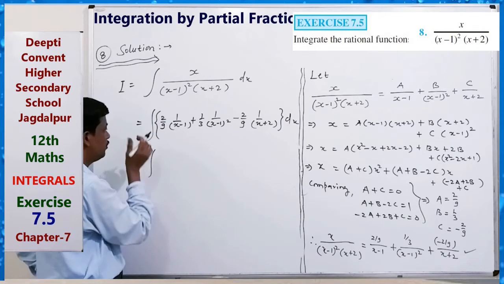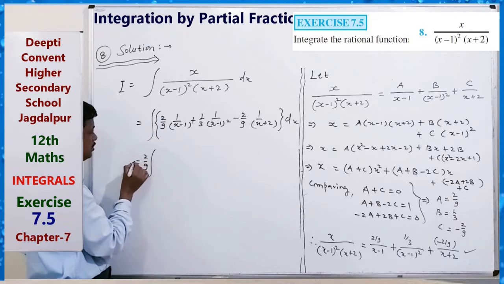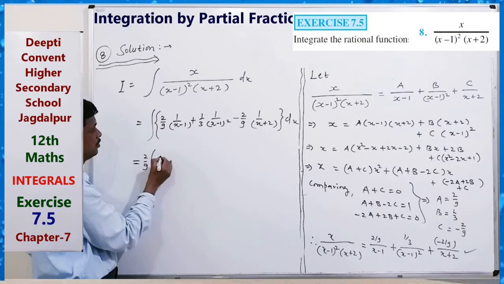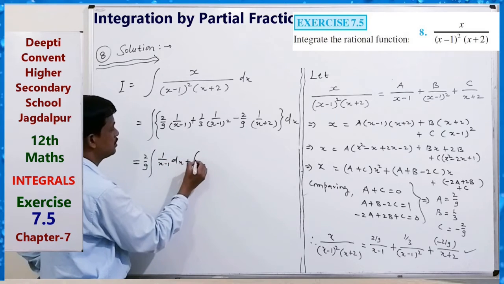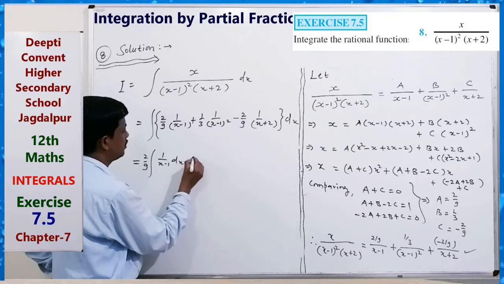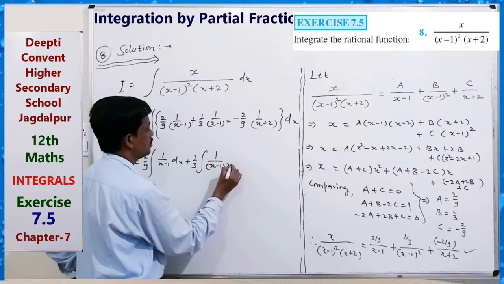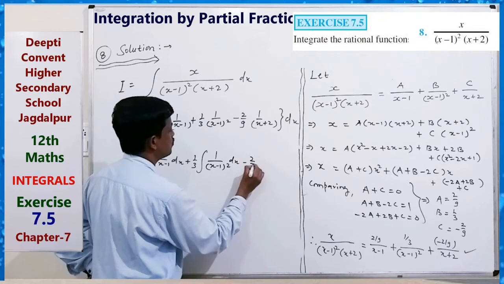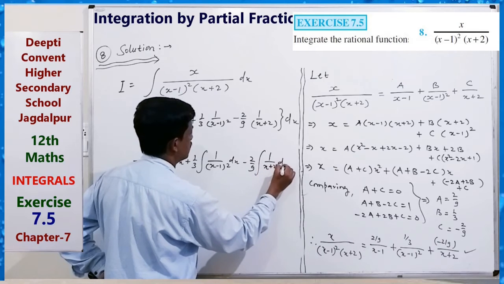So integration, separating it: 2 by 9 common, integral of 1 by x minus 1 dx, plus 1 by 3 integral of 1 upon (x minus 1) square dx, and minus 2 by 9 constant, integral of 1 upon x plus 2 dx.